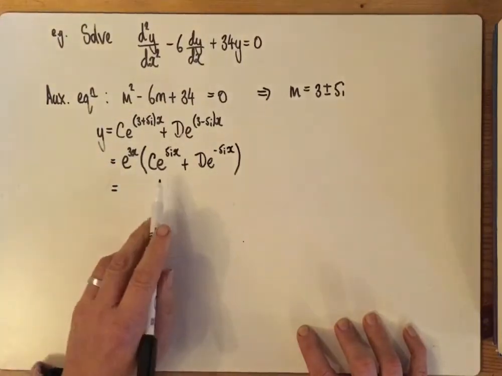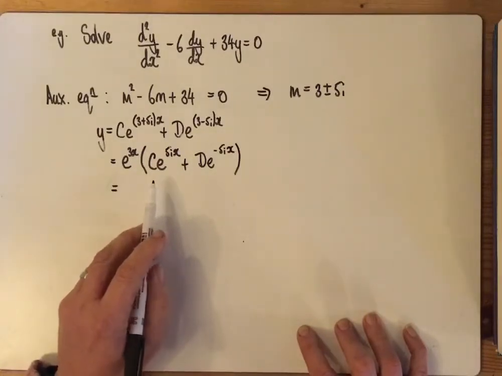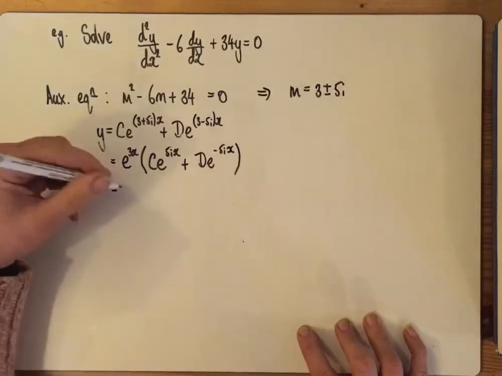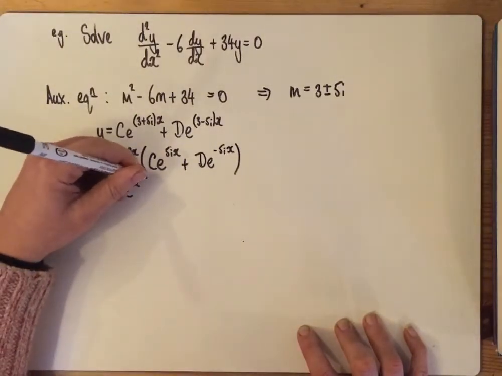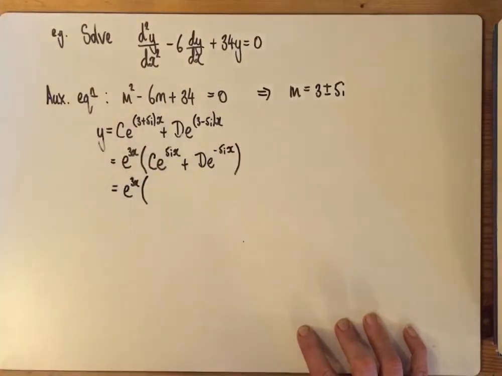And then this is a complex number, and so we can rewrite this with cos and sine. So e to the 3x, so it's in the form r e to the i theta, essentially.